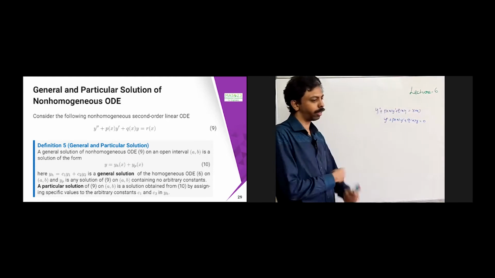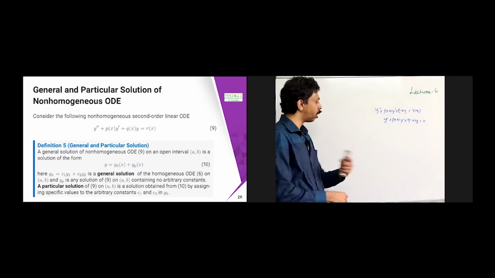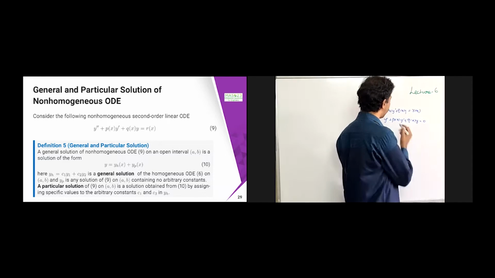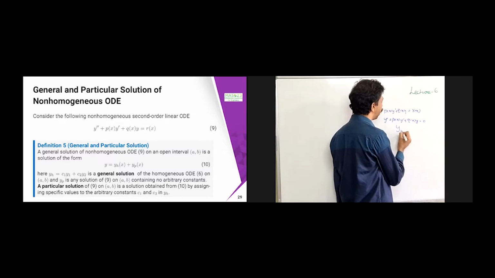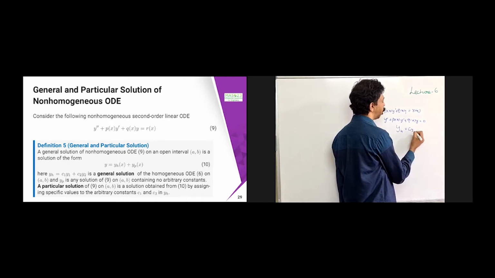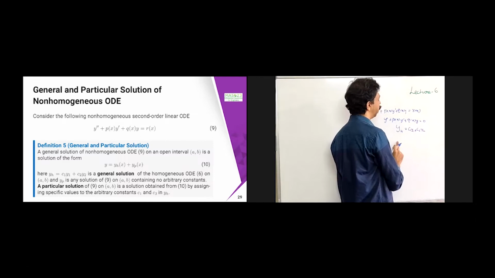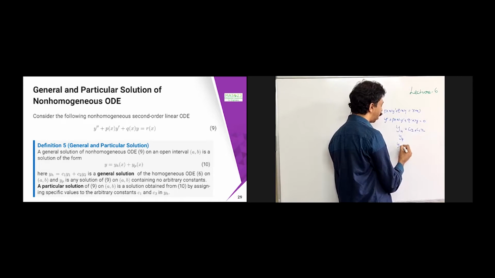So this we are going to say the general and particular solution. I have y h, the general solution for the homogeneous problem, which is C1 y1 plus C2 y2. Suppose we have another solution y p which satisfies this equation. Then you can obtain your general solution as y equal to y h plus y p.